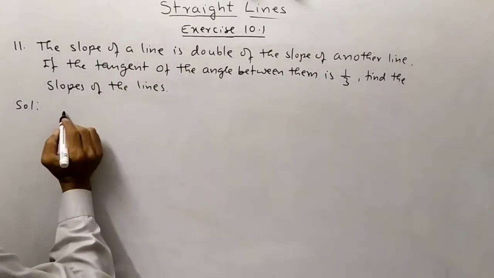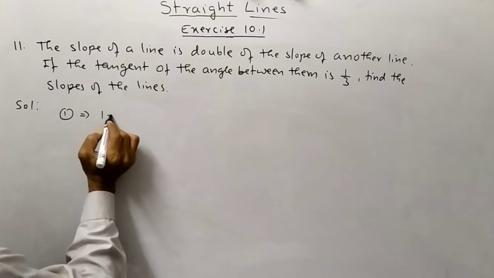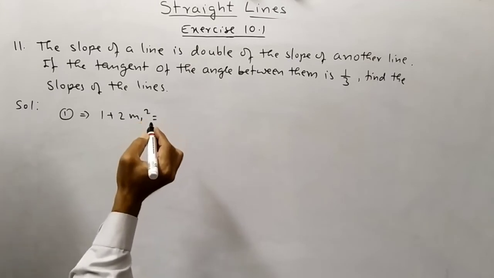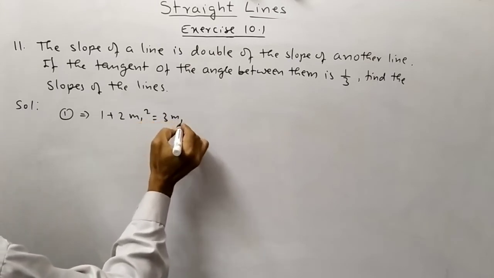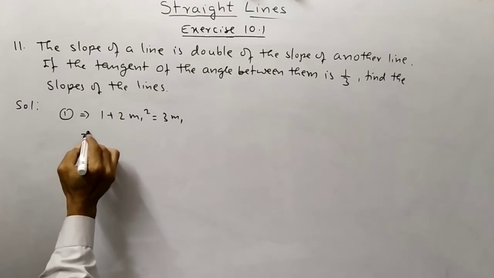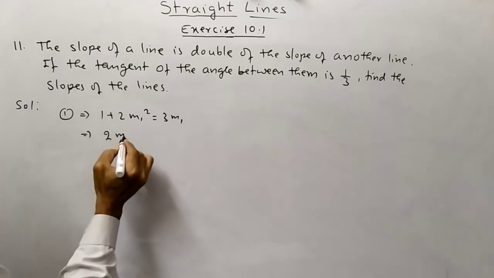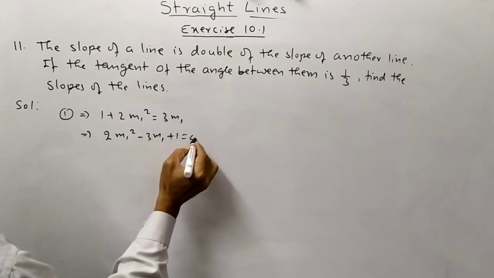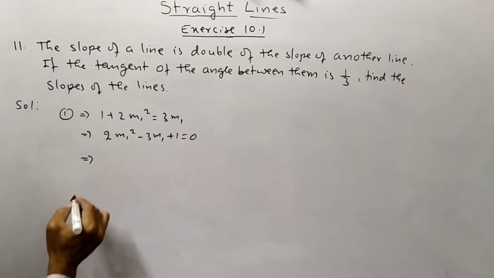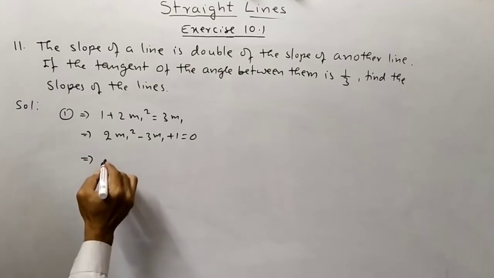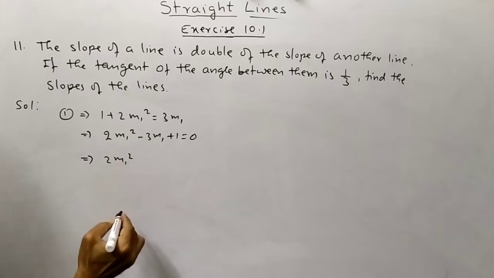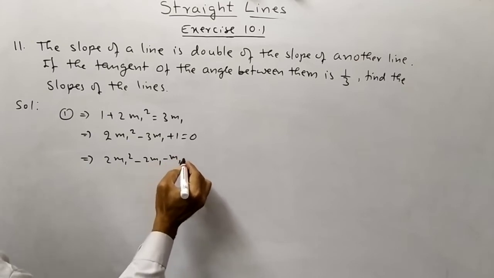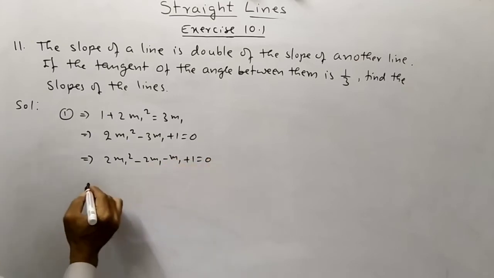1 implies 1 plus 2m1 square is equal to 3m1 by cross multiplication. This implies 2m1 square minus 3m1 plus 1 is equal to 0, implies 2m1 square minus 2m1 minus m1 plus 1 is equal to 0.